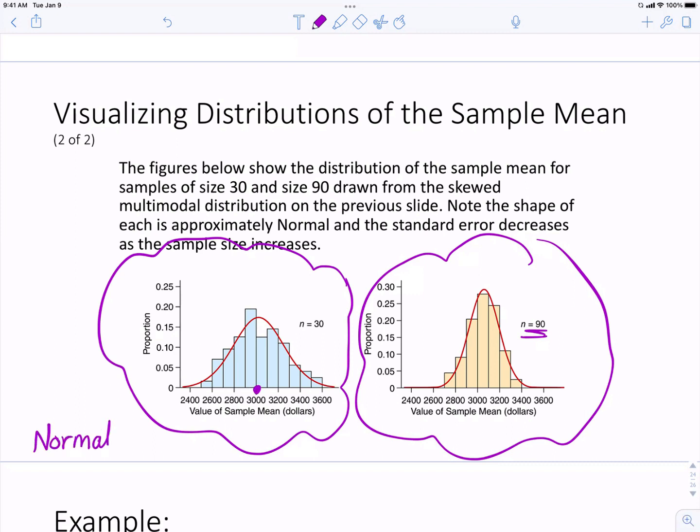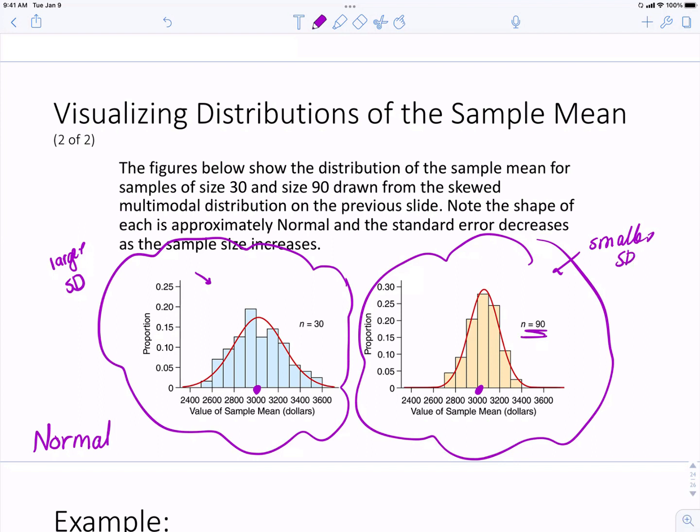The center of each graph is in the same place as the population mean. What's different about these two graphs is that this one has a larger spread, or in other words, a larger standard deviation, and this one has a smaller standard deviation. It's narrower.